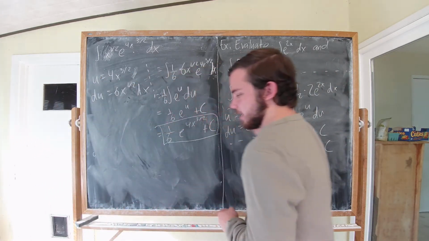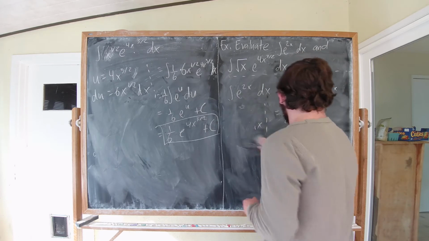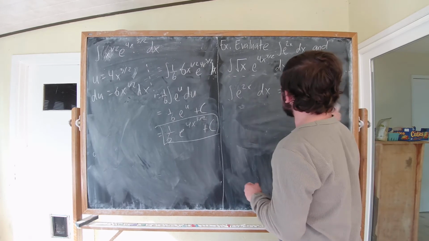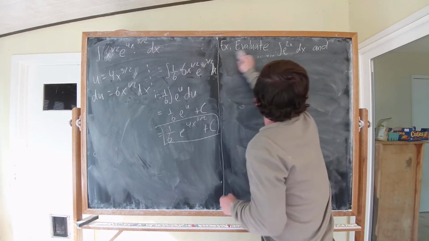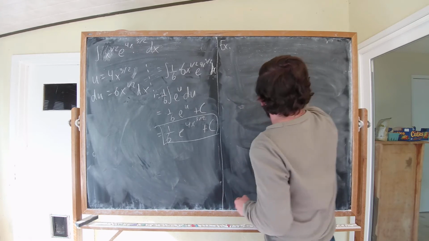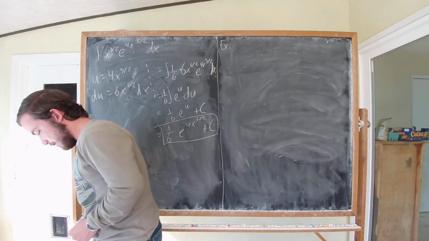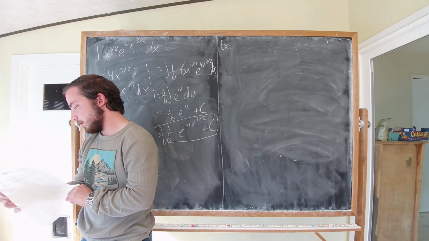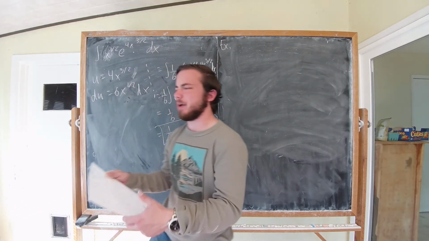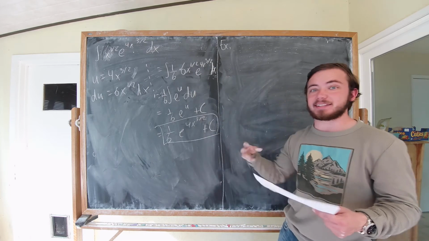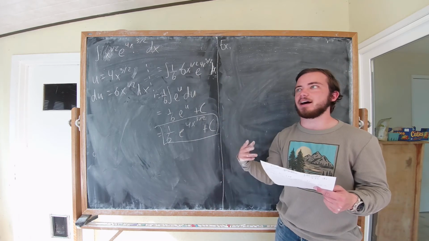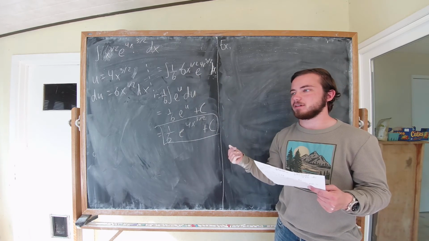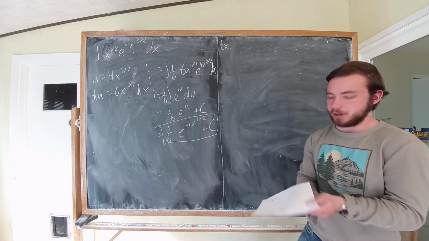Let's do another couple examples, and then we'll call it good. Let me see how many more I set up for us: 1, 2, 3, and then an IVP. Okay, so 3 more examples like this, and then we'll do an initial value problem, and then we'll call it good.